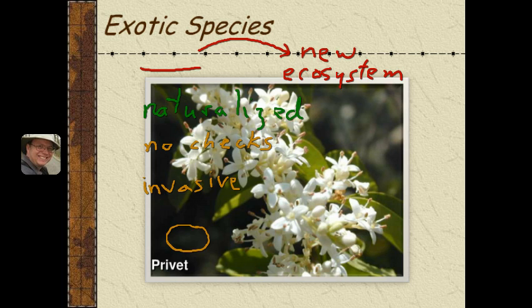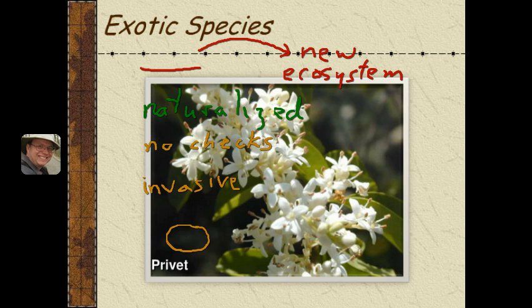And when an exotic species becomes invasive, then it can have a significant impact on the ecosystem that it's invading. It can cause a decrease in biodiversity. It can cause extinction of native species. All kinds of problems get caused when an exotic species becomes invasive.